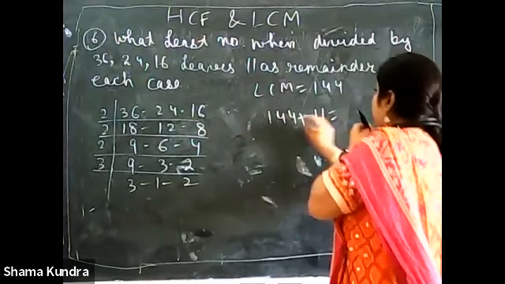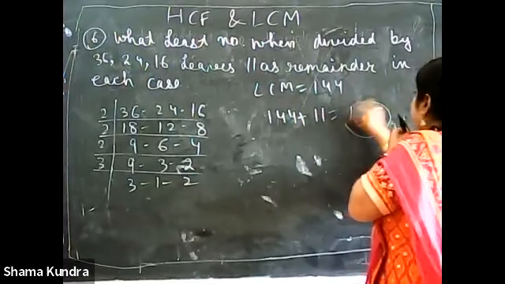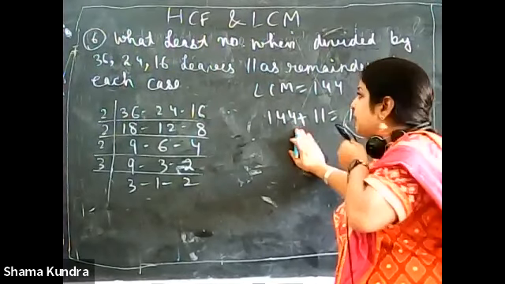Now 144 plus the same remainder. The remainder is 11. 4 plus 1 is 5, 4 plus 1 is 5. The answer is 155. We can check whether our answer is correct or not.